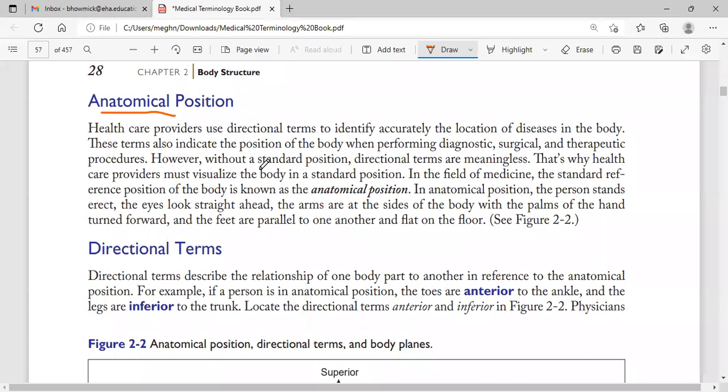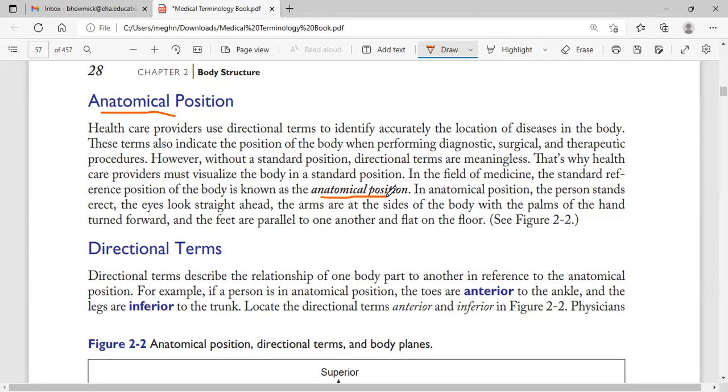However, without a standard position, directional terms are meaningless. That's why healthcare providers must visualize the body in a standard position. In the field of medicine, the standard reference position of the body is known as the anatomical position.